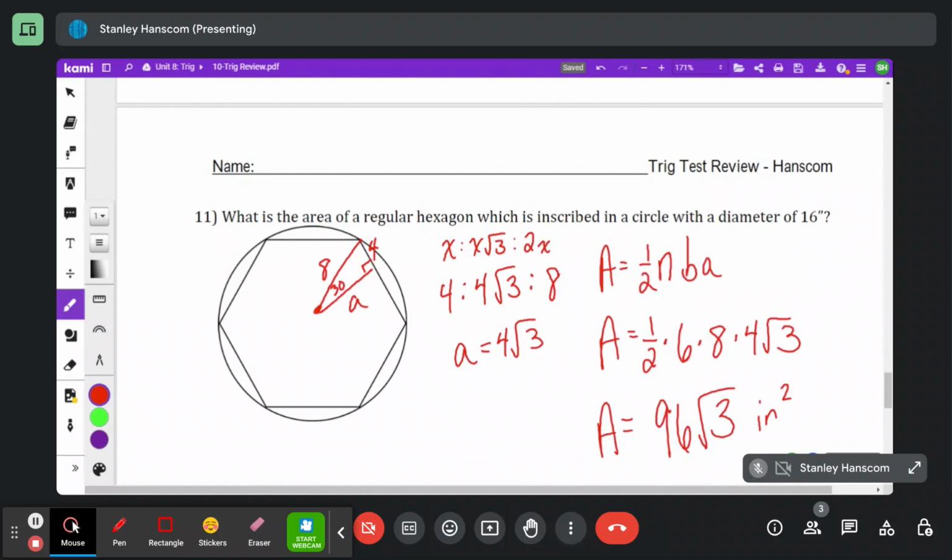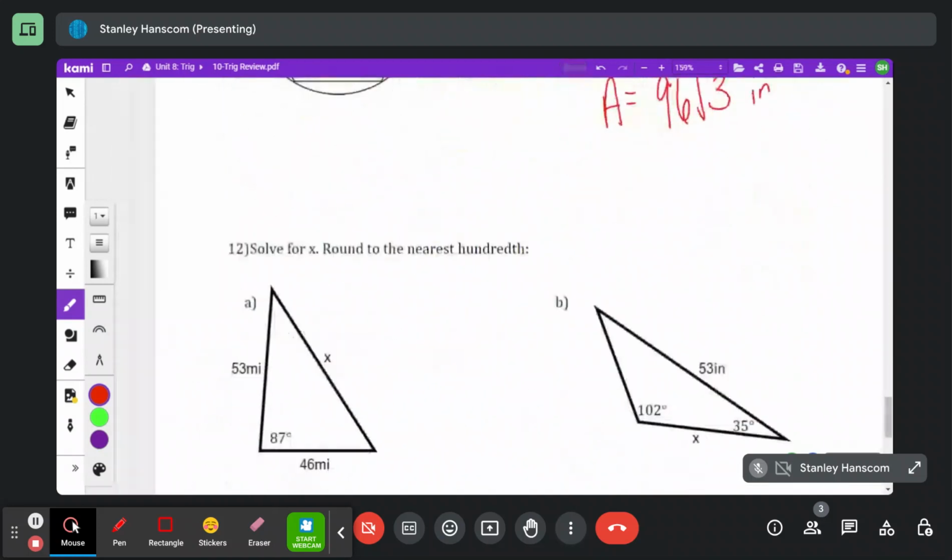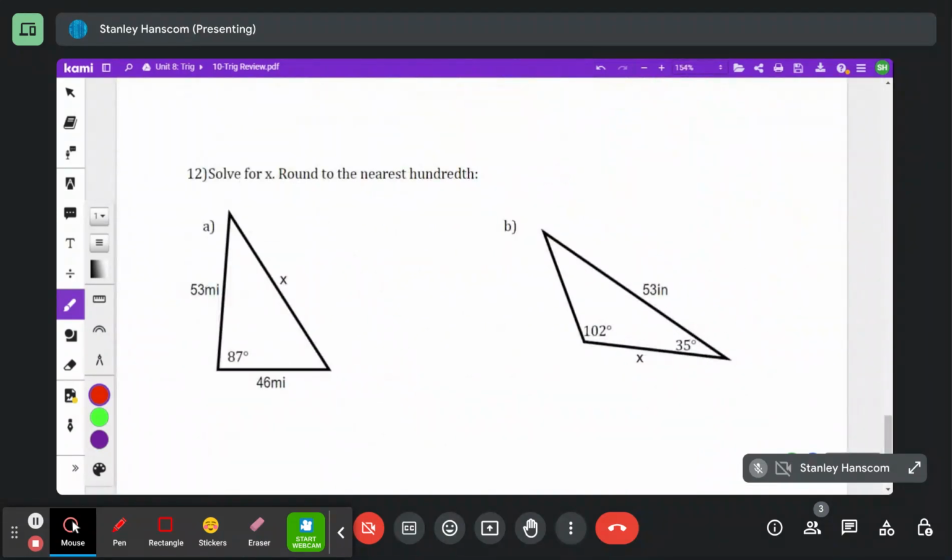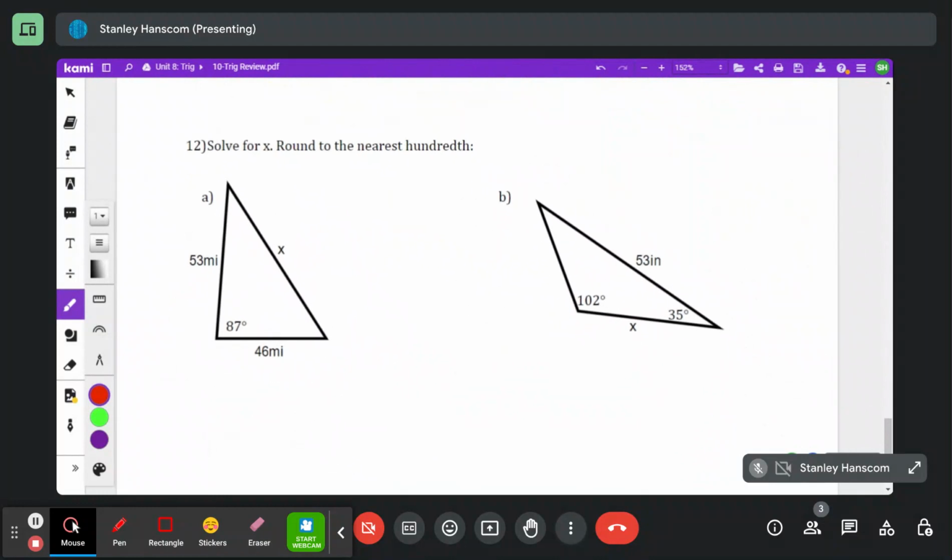We're going to now look at question number 12a and 12b. We can see we have non-right triangles here, which means we have 2 different scenarios. In question 12a, we only have 1 angle given to us. Since the law of sines needs the sines of 2 angles, and therefore maybe 2 sides to find it, that's probably not ideal for this situation.